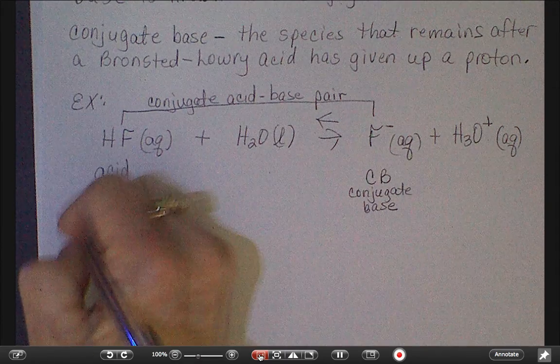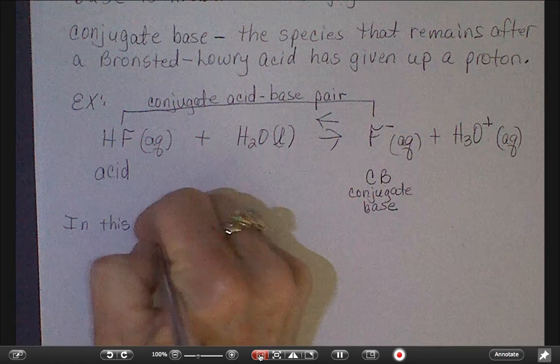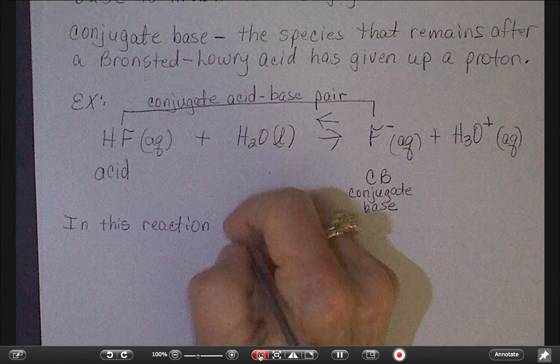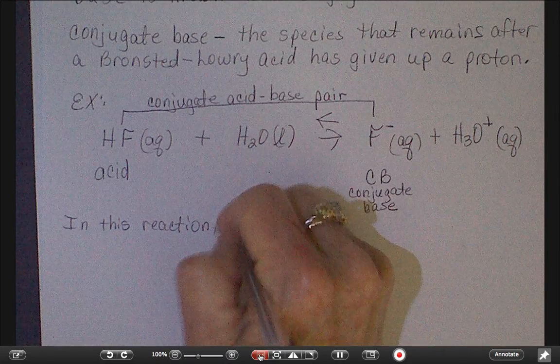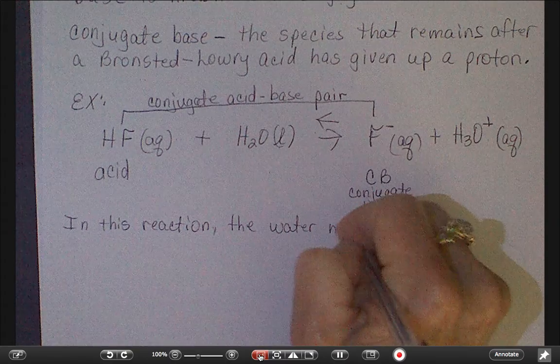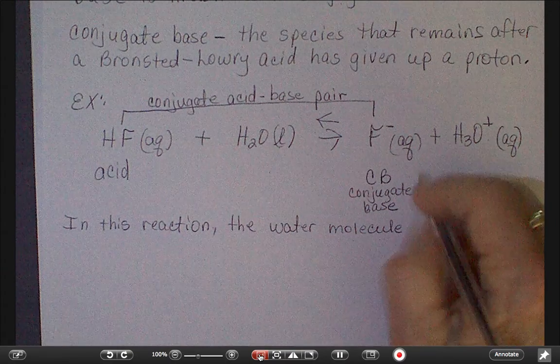In this reaction, the water molecule is a Bronsted-Lowry base.